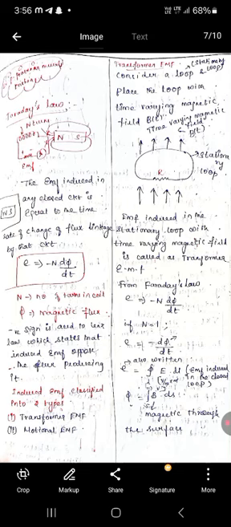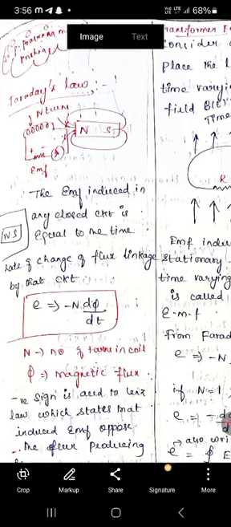Here you see the diagram, right? In this diagram, I have a coil connected with a meter, and it has a nearby magnet.